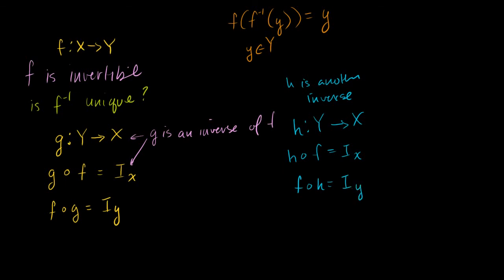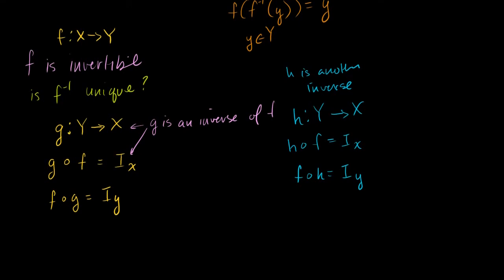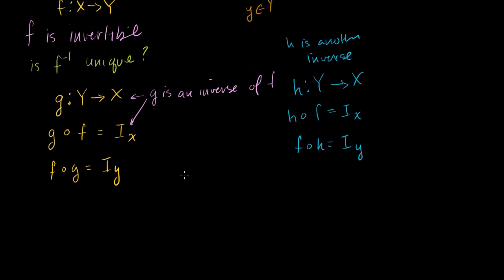And just as a reminder, let me redraw what I drew at the beginning, just so we know what we're doing. If this is the set x right here, and let me do it in a different color, this right here is the set y. We know that f is a mapping from x to y. What we're trying to determine is whether f's inverse is unique.